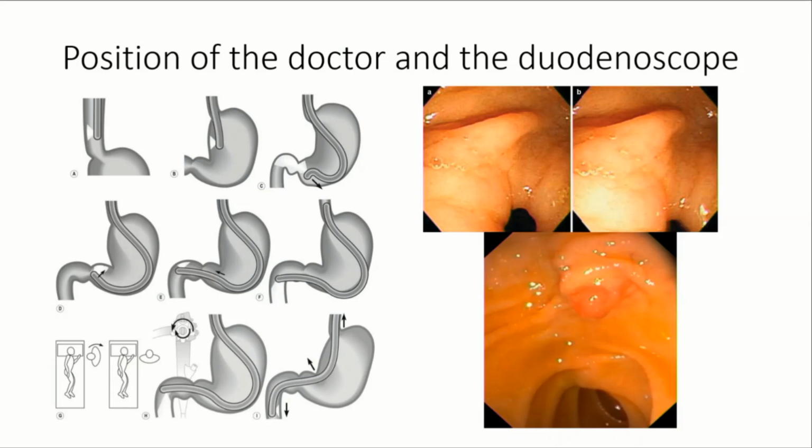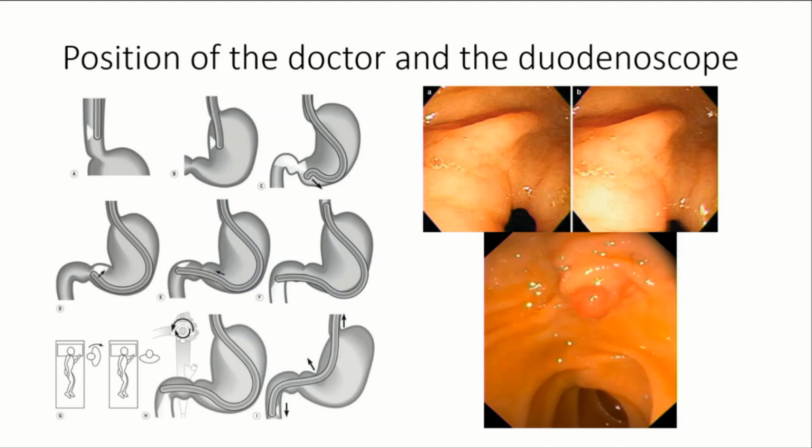Later on, when you get inside the stomach, you're going to be seeing the posterior wall of the stomach. At the beginning, we can see that the doctor is facing the patient. The patient, in fact, most likely is going to be in a prone position, not in the lateral position. But as soon as we get in the stomach and further beyond, the doctor needs to rotate by 90 degrees, facing the front.